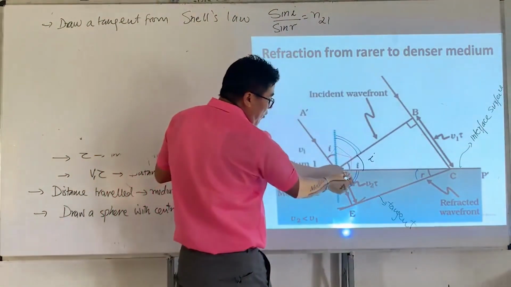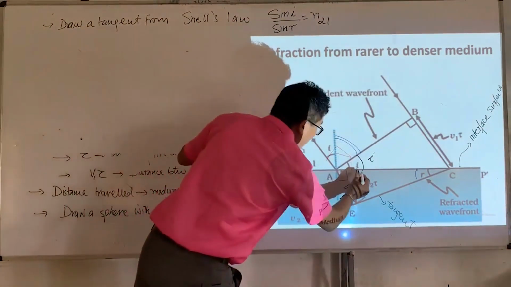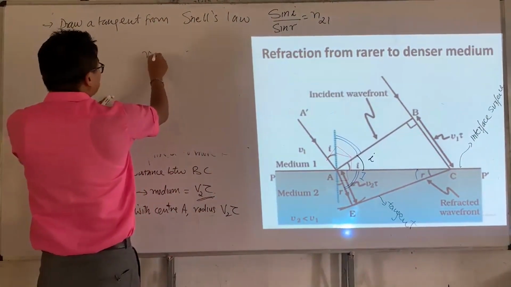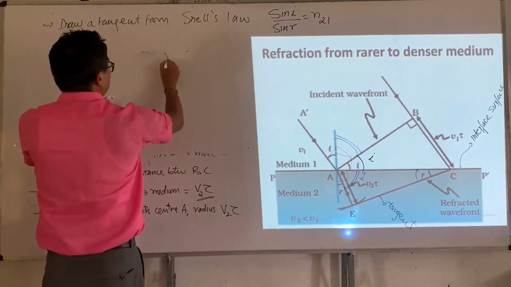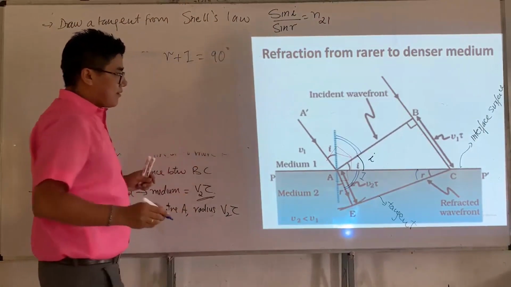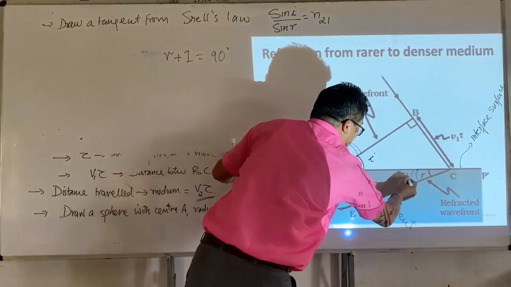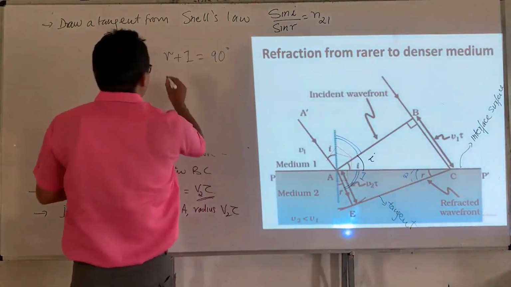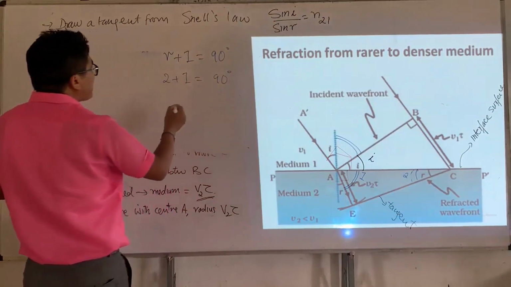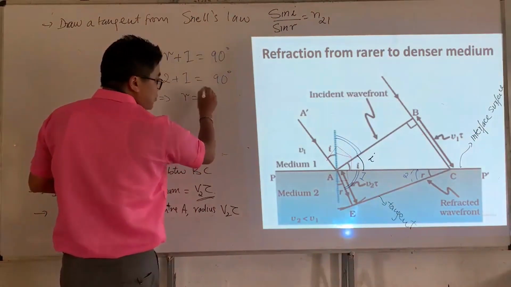Since this angle is common, let's say this is angle 1, angle R plus angle 1 is equal to 90 degree. And let's say this angle is angle 2, and angle 2 plus angle 1 is 90 degree, which implies that angle R is equal to angle 2.